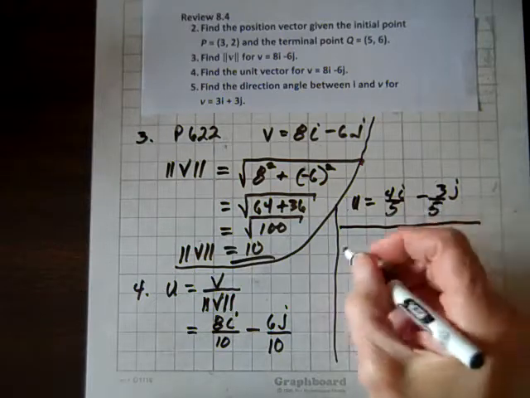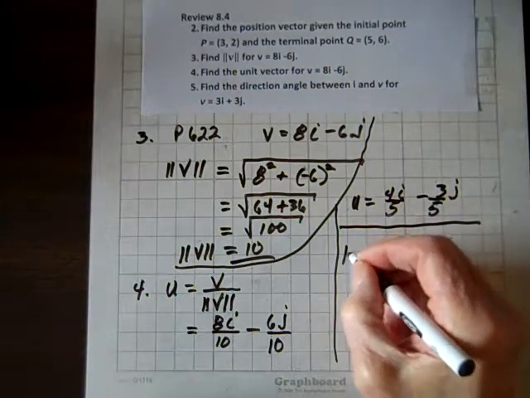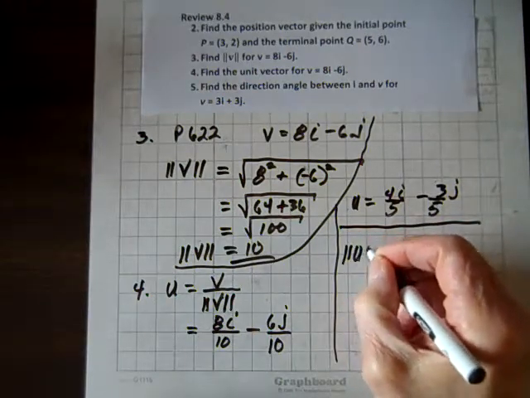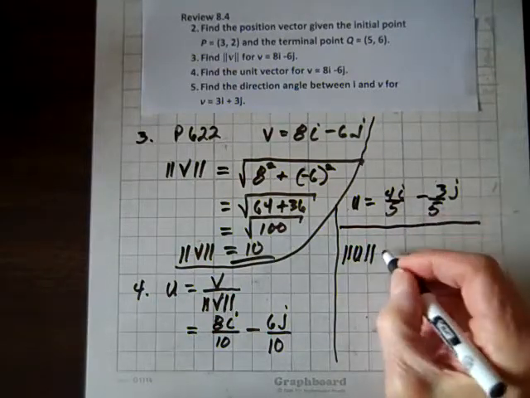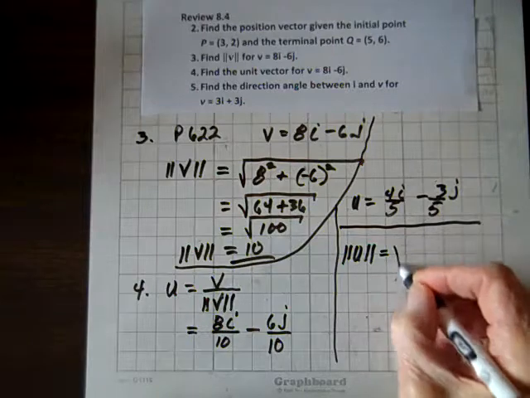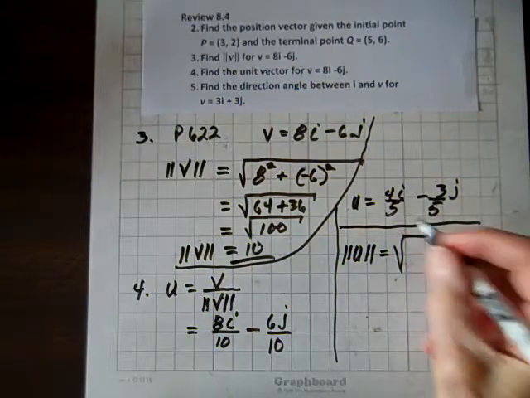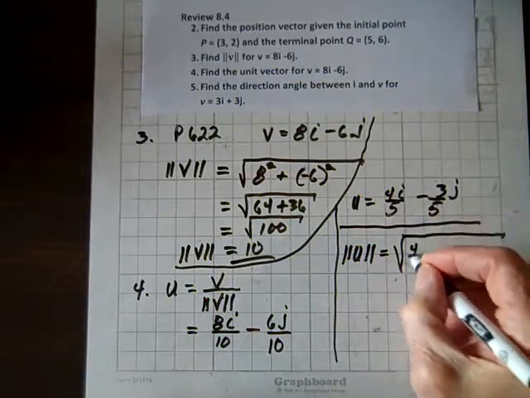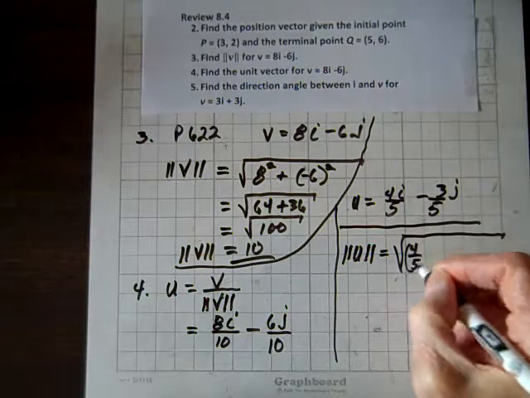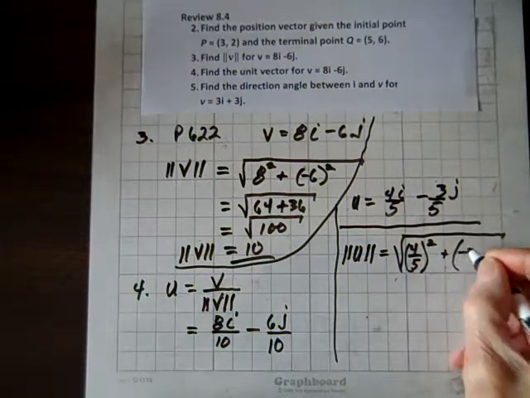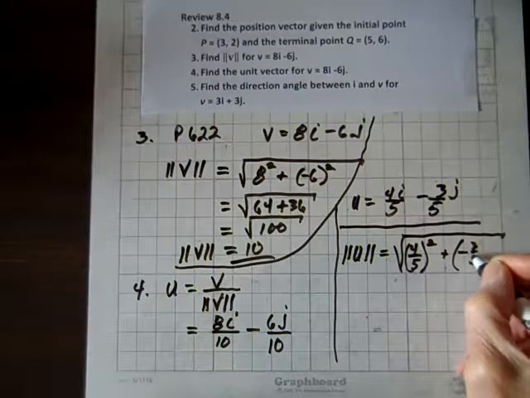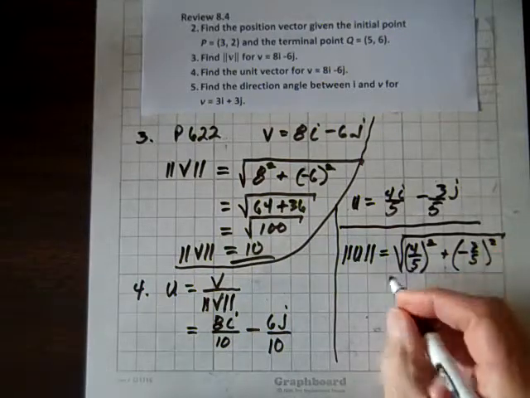So what we'll do, we'll find the magnitude of u. And it better be 1, otherwise this is not the unit vector. So Pythagorean theorem again, and we'll take 4/5 and square it, plus minus 3/5 and square it.